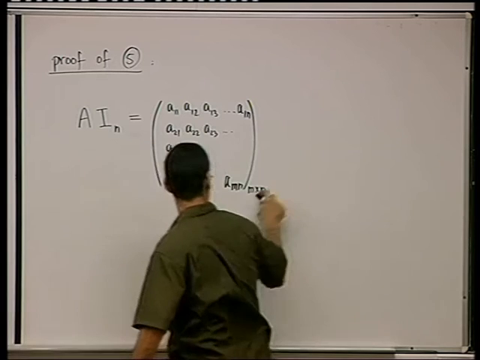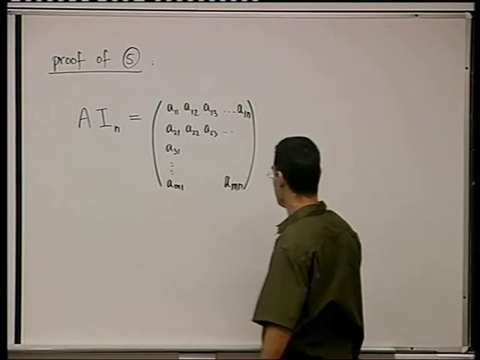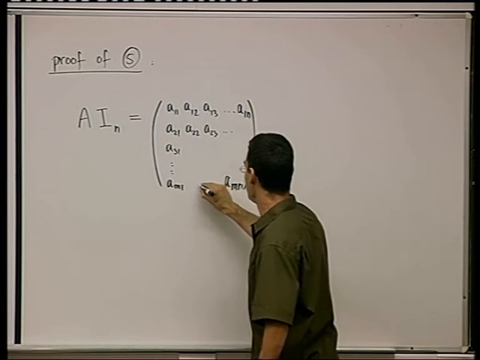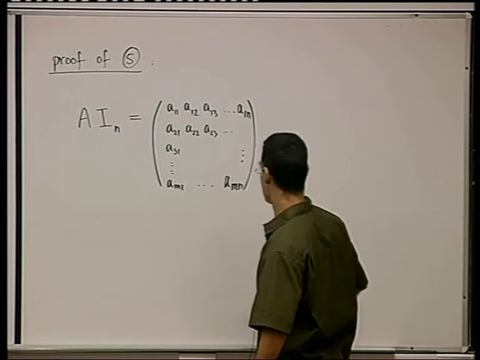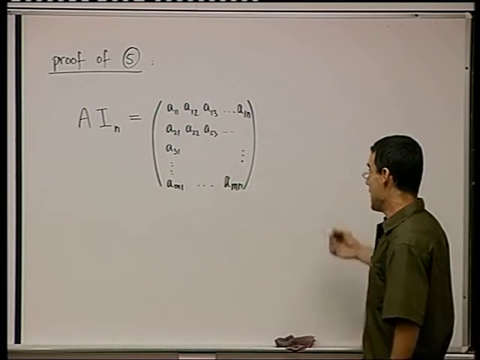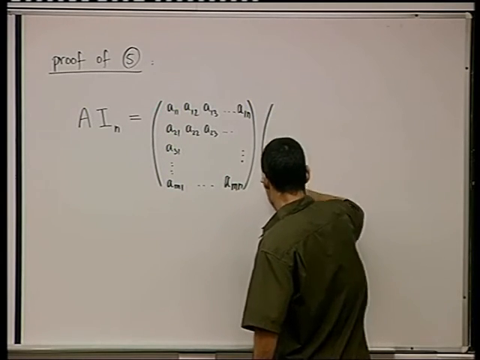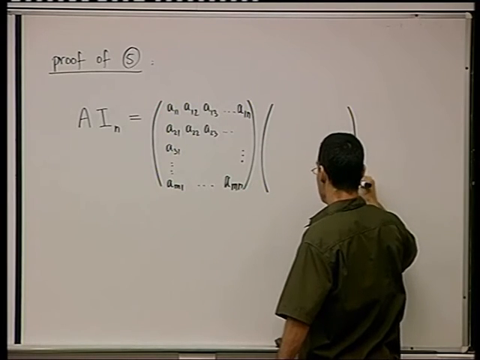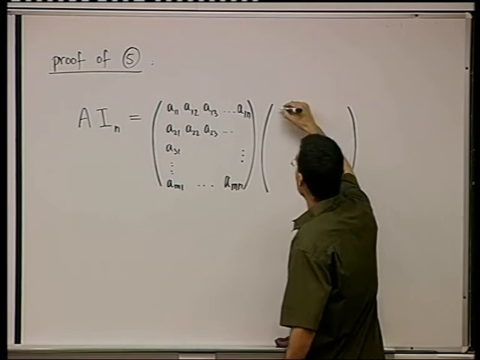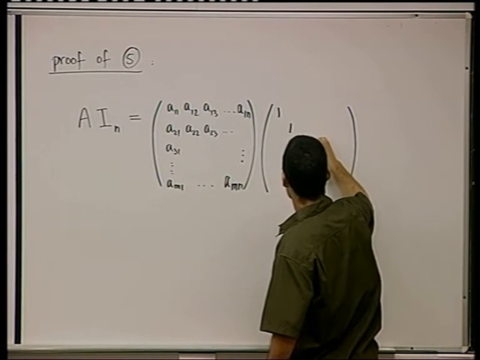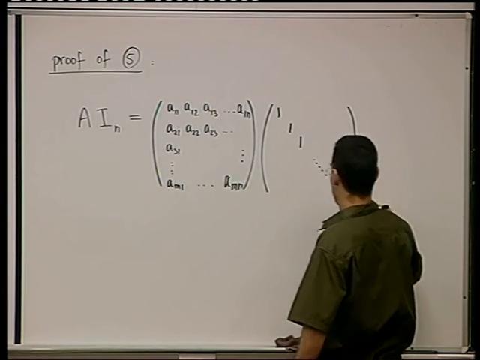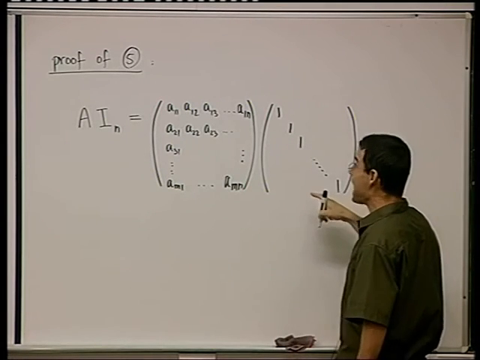And now we don't even need to write m times n because it's explicit in the actual writing. Do you agree? Yes. Okay. And now what are we multiplying it by? We're multiplying it by the identity matrix of size n. So it's 1, 1, 1, dot, dot, dot, 1. And there are n.